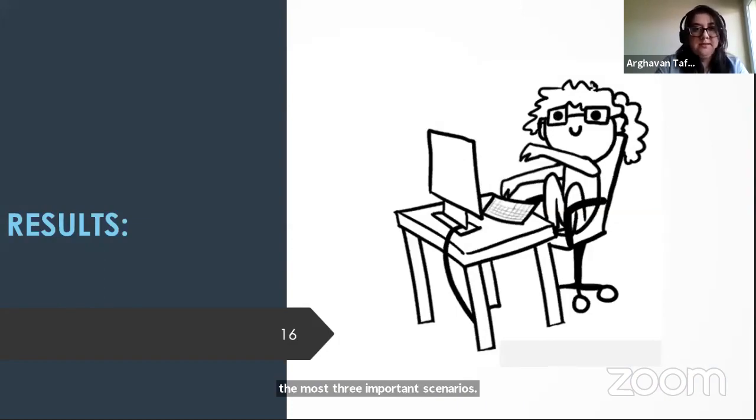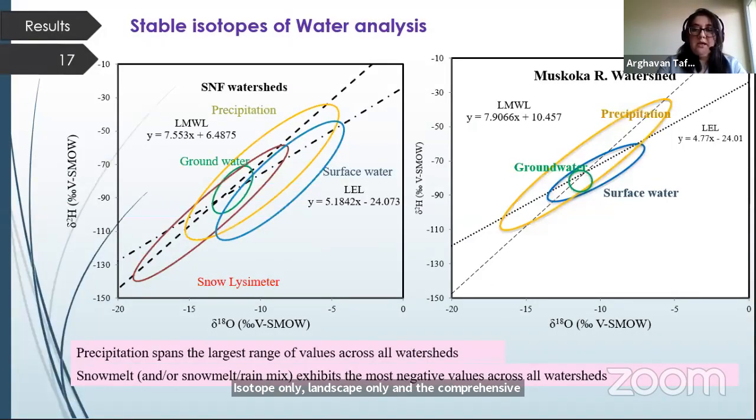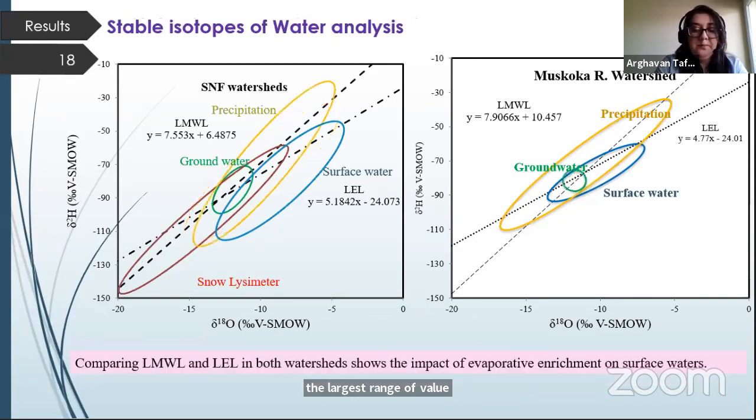So for results, here you can see the isotopic composition of surface and source waters for Muskoka and SNF watersheds. The circles are representative of the actual range of the values. You can see that precipitation spans the largest range of values across all watersheds, and the snowmelt exhibits the most negative values.